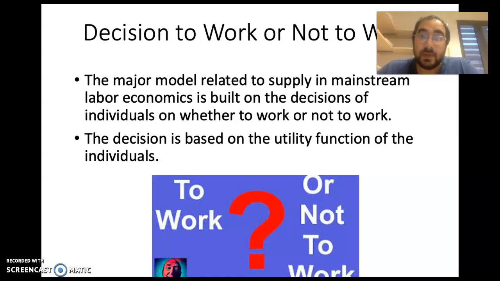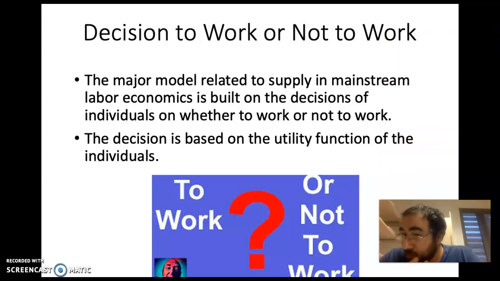Now, today the question we will concentrate on is whether a person will decide to work or whether that person will decide not to work. And this decision will be like everything else.